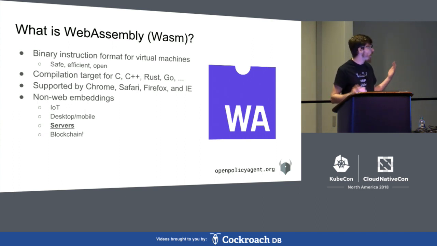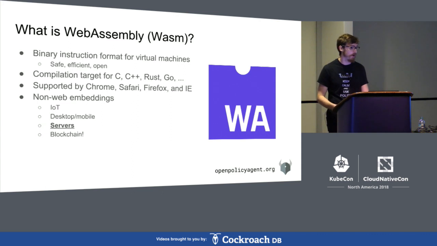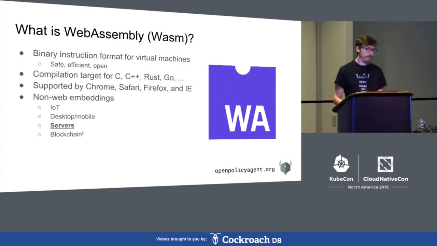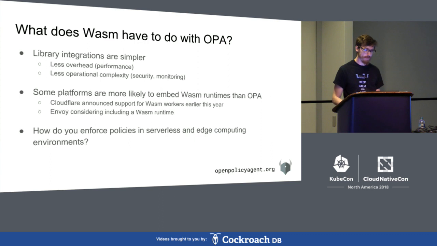And so there are all these so-called non-web embeddings, like IoT and desktop and servers and even blockchain. But what I'm mainly interested in is how WebAssembly can be applied to this problem of policy enforcement in servers and data centers and so on.